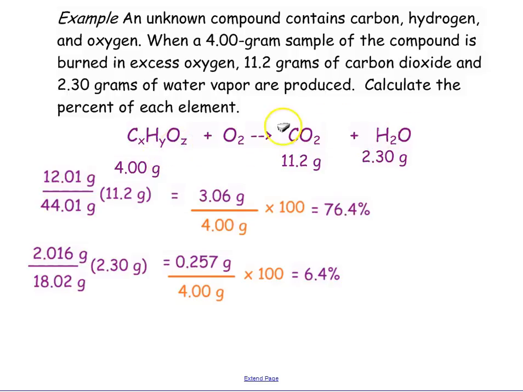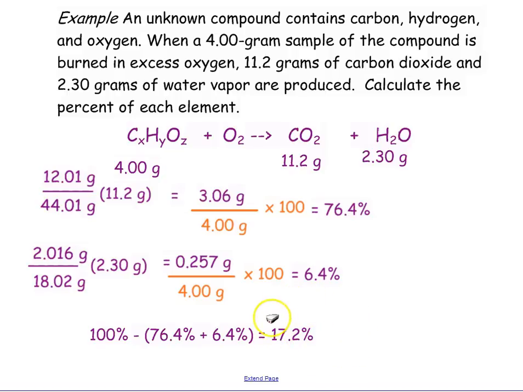I can't use any information over here on the right to figure out how much oxygen, but I can still use the law of conservation of matter. If 76.4 and 6.4 are accounted for, that's 82.8, the other percent has to be oxygen.